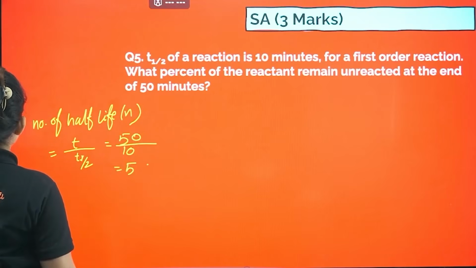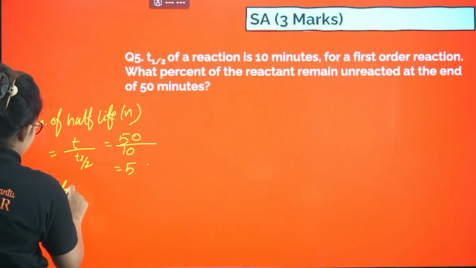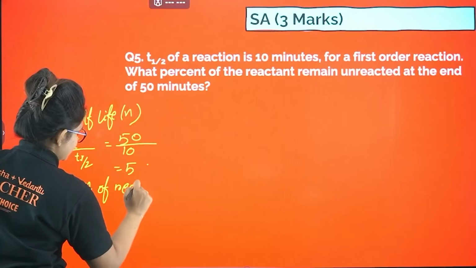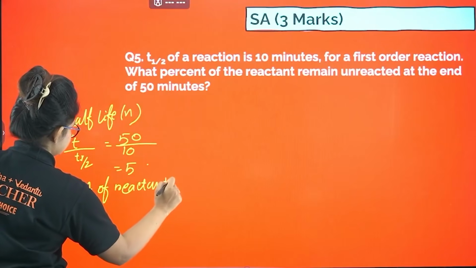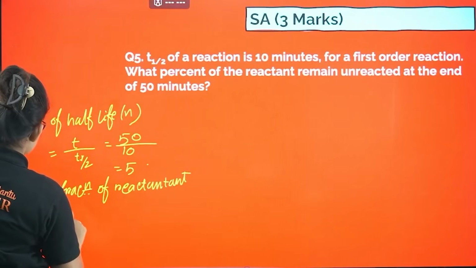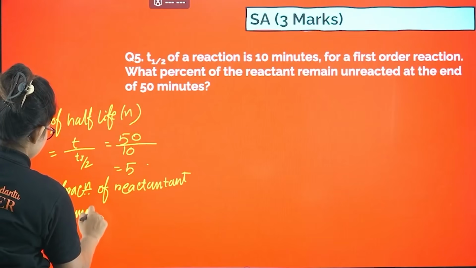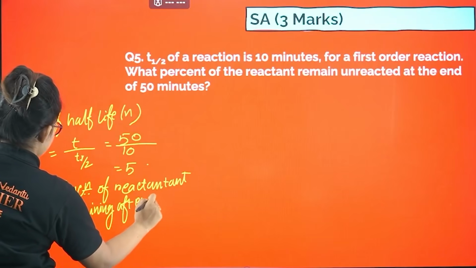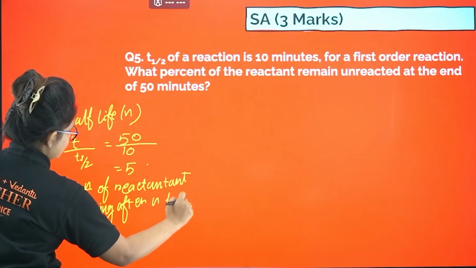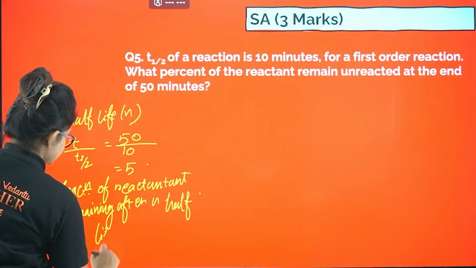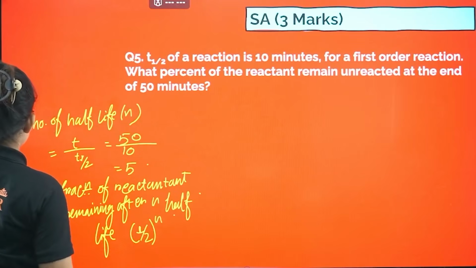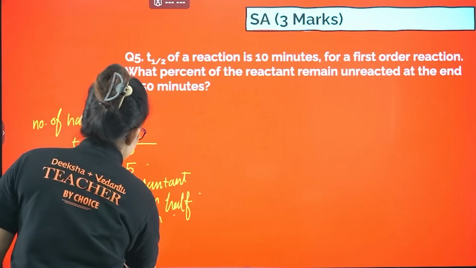Okay, now the fraction of the reactant remaining after n half-lives, there is a formula, it's going to be half power n, right? Half power n, remember this.